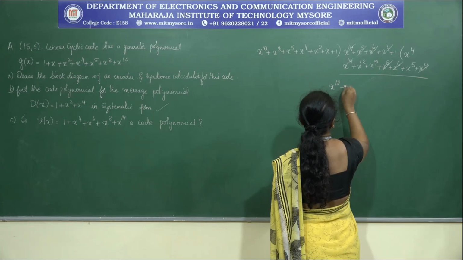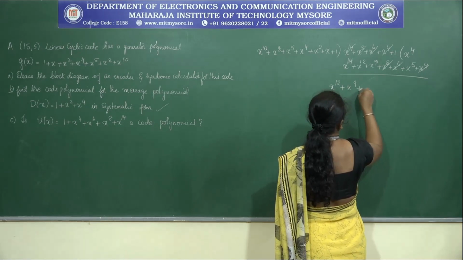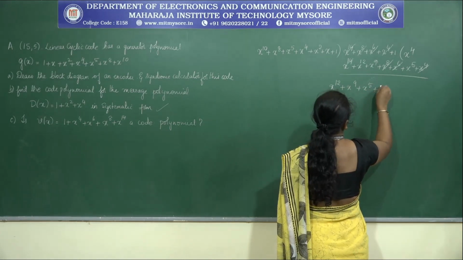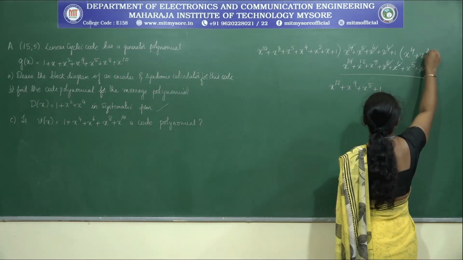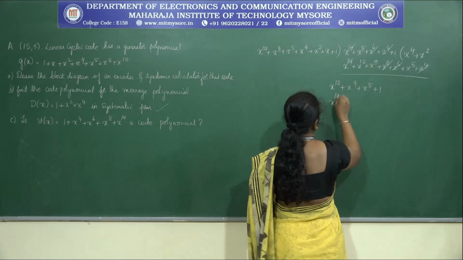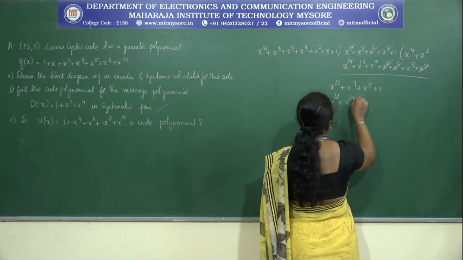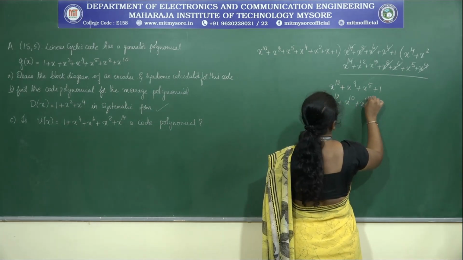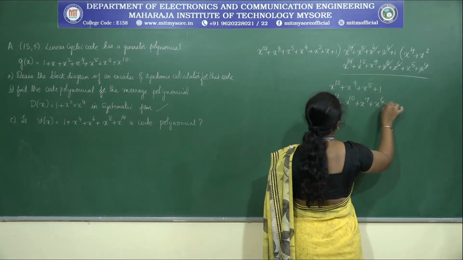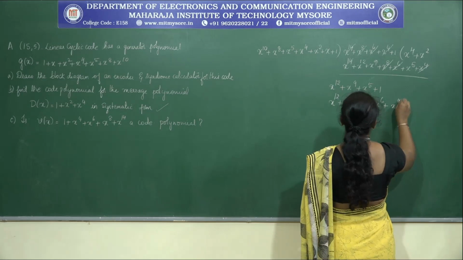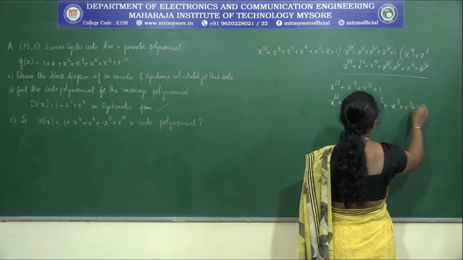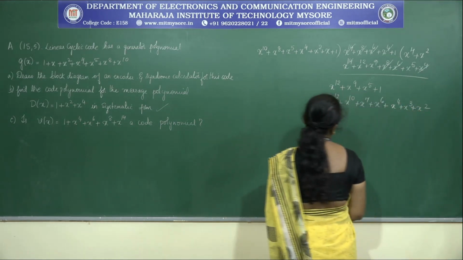So it is x power 12, x power 9, x power 5 plus 1. So it is x square, x 12, 10, 7, 6, 4, 3 plus x square.